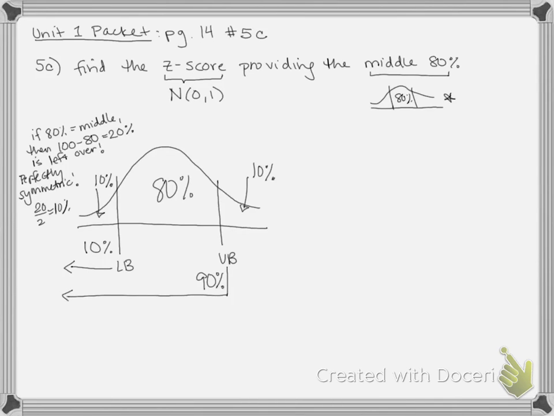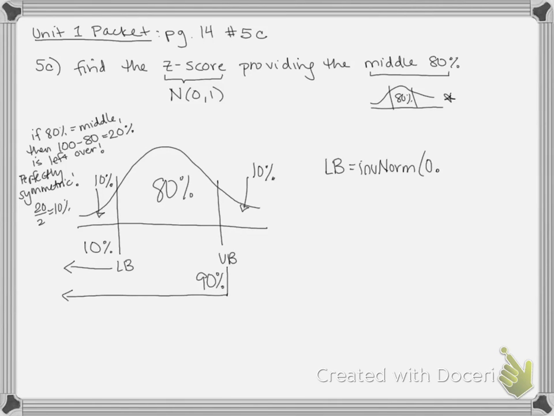Okay? So we want to compute two separate inverse norms. Let me redo this. We're going to do this as two separate things. We're going to do our lower bound first as one inverse norm.